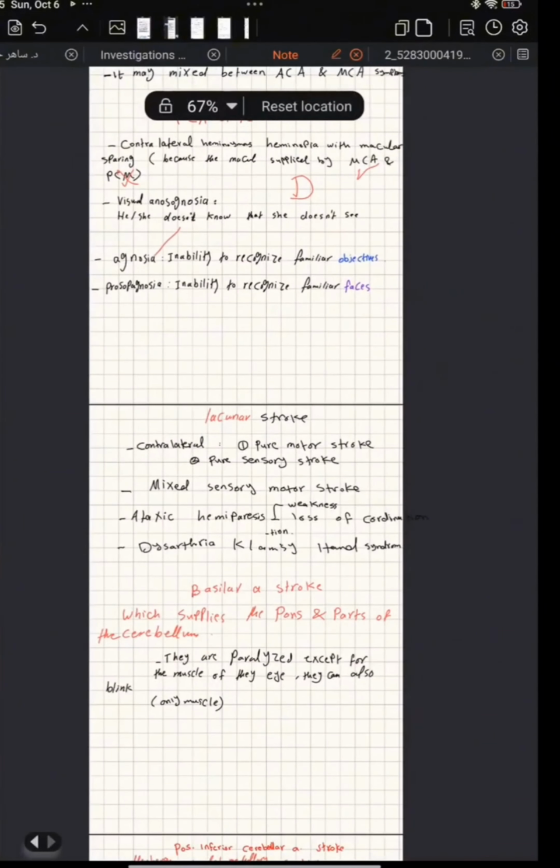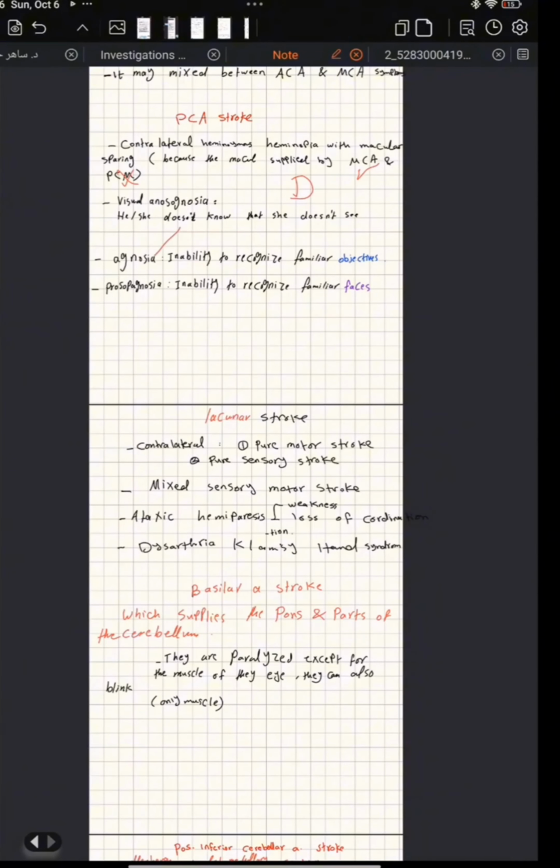What about lacunar stroke? Lacunar stroke or infarction means a subcortical lesion with a size less than 15 mm in diameter, caused by occlusion of a penetrating artery from a large cerebral artery. The clinical features and physical exam findings of lacunar syndromes are characteristic of the type of lacunar syndrome. There is pure motor stroke and pure sensory stroke of the contralateral side.